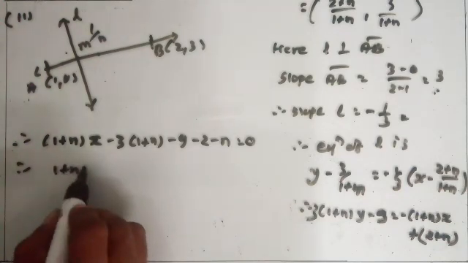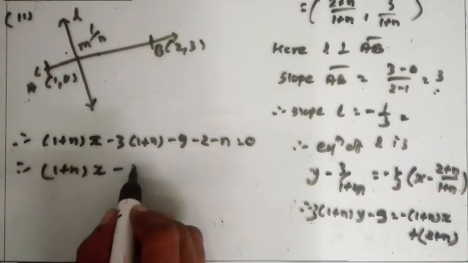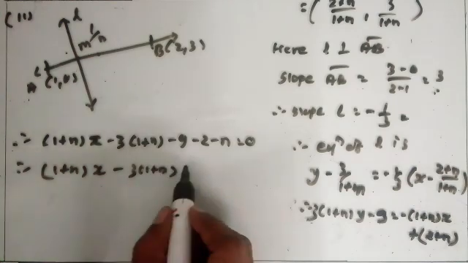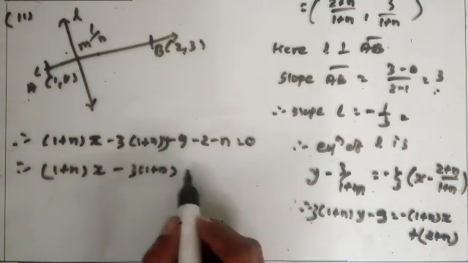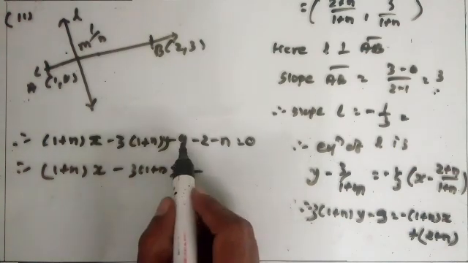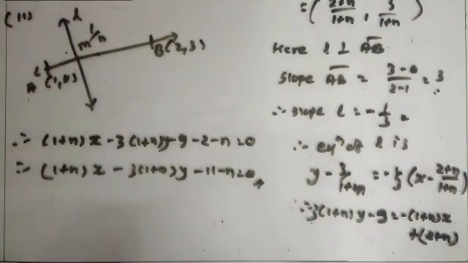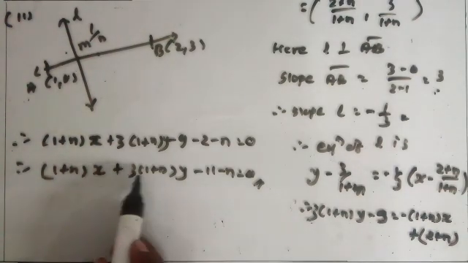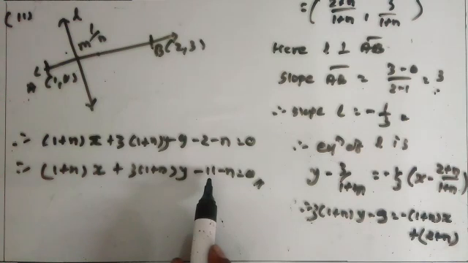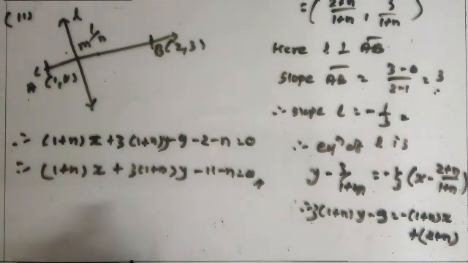So (1 + n) x + 3(1 + n) y - 11 - n = 0. This becomes the equation of the required line. Okay. Here the coefficient of y is positive, so positive. Clear? So (1 + n)x + 3(1 + n)y - 11 - n = 0 is the equation of the required line.